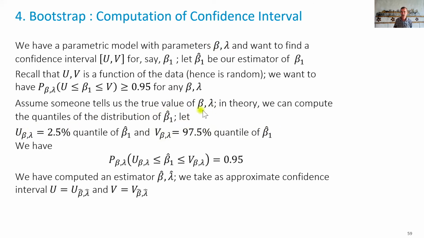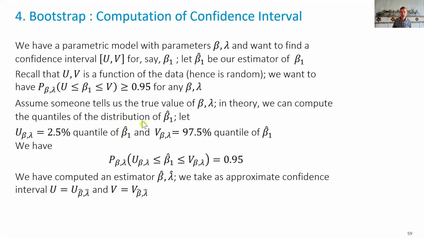How can I obtain the quantiles? Well, for example, I can do simulation. If you give me the true beta and lambda, I can simply simulate artificial data points of my model. I do 1 million simulation runs. For each of my simulation runs, I solve the linear program that gives me an estimate of beta 1 hat.